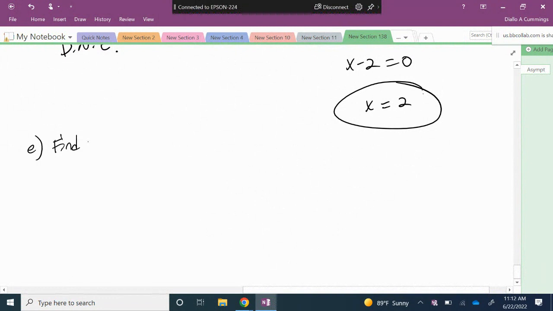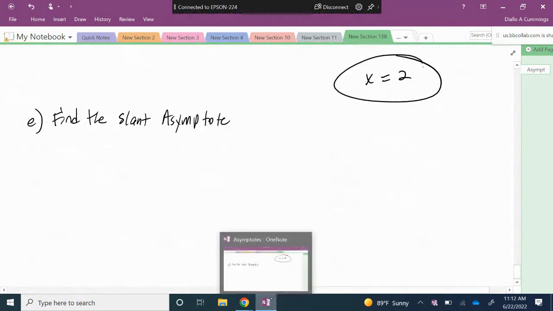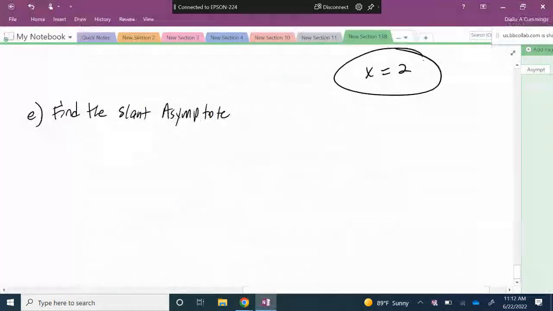So now we're going to find the slant asymptote. Let me just write out the equation once again.